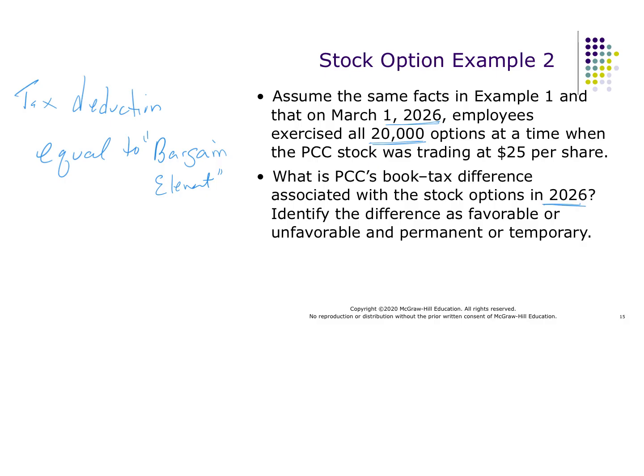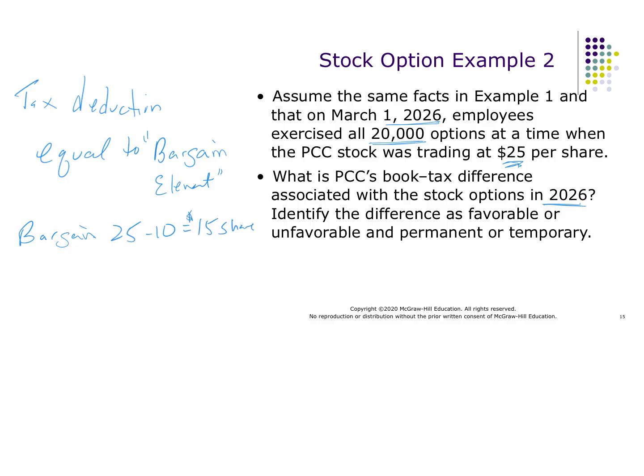All right. And that bargain element is the difference between the stock option and fair market value of those shares. So the bargain element is $25 minus $10 per share, and that's $15 per share, right?